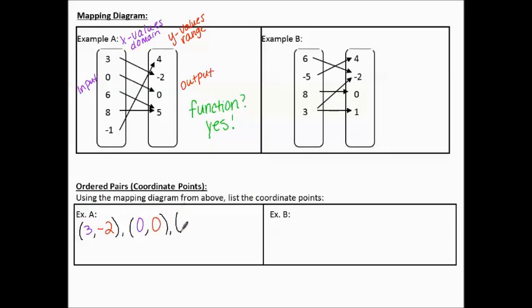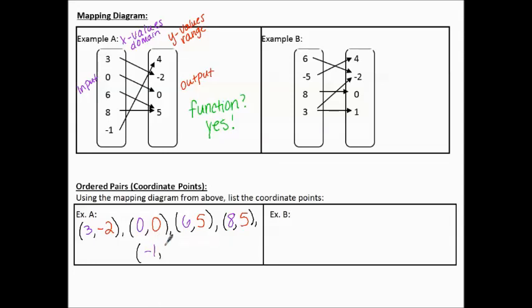Next, I have 6. I'm going to follow my 6 to 5. My x is 6. My y is 5. Next, I have 8. 8 also goes to 5. My x is 8. My y is 5. And lastly, -1 comes all the way up here to 4. So I have -1, 4.